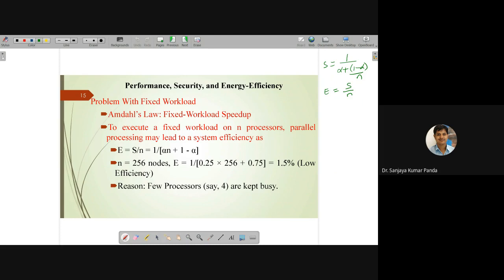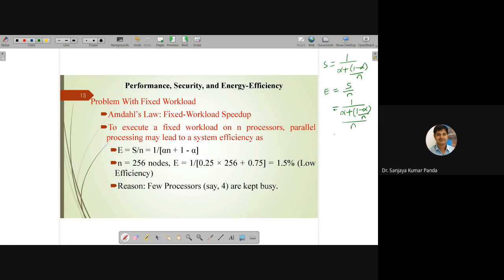So what I will do here is put the S value here: 1 by alpha plus 1 minus alpha by N, divided by N. I am only putting the S value here.